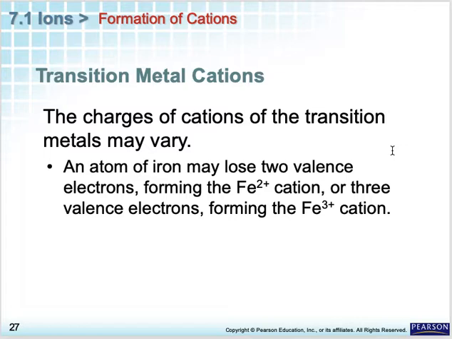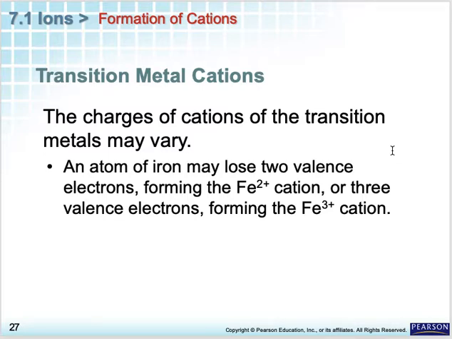So transition metals are more difficult. You do have some transition metals that you need to know, and you'll again look at that Quizlet set that I have posted, and it has all of the ions that you need to know and will be tested on. The problem with transition metals is they can do some funky things with their D electrons versus their S electrons, and so they form multiple ions.